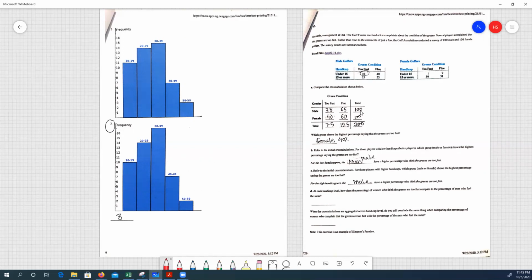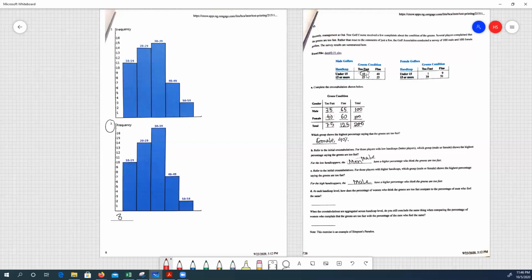So now we have to complete this table. Here we have gender, male and female, and here the green condition, too fast and just fine. So male and too fast: you do not need to consider this one. How many are there regardless of handicap?